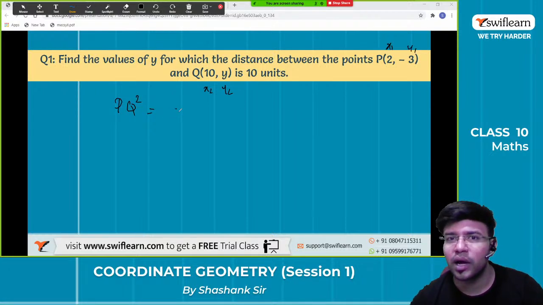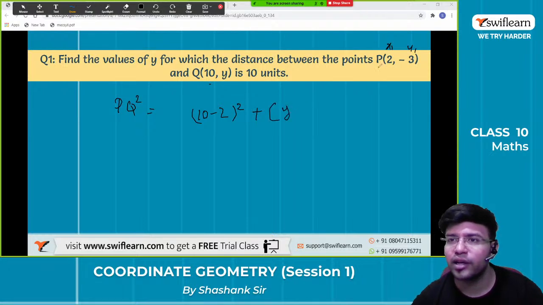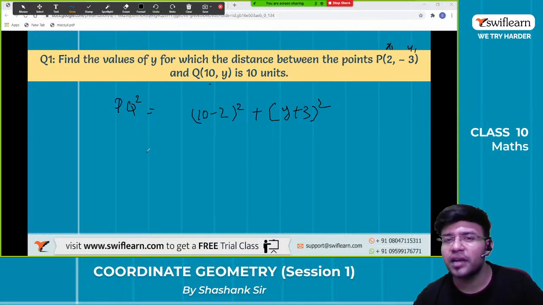Now PQ square is 10 minus 2 whole square plus y minus of minus 3 whole square. When we take the square, the square root should not be written. If I write only PQ, then I should write the square root. Now simplify this. 10 minus 2 is 8. 8 square is 64.